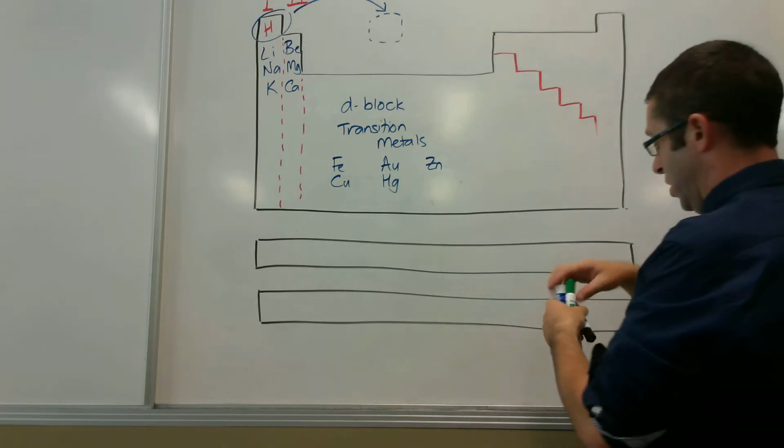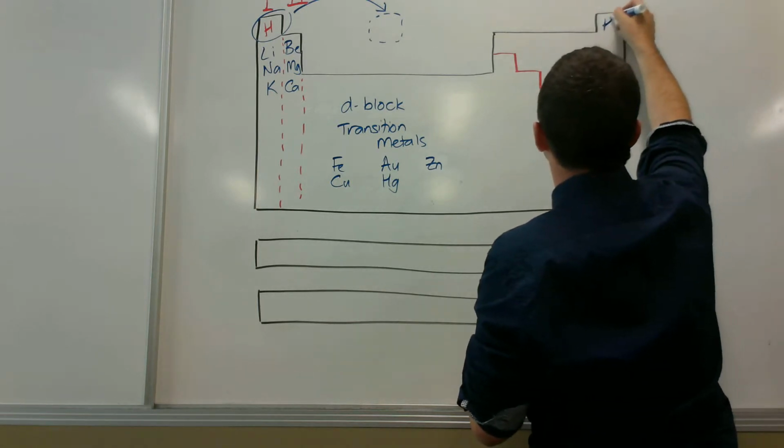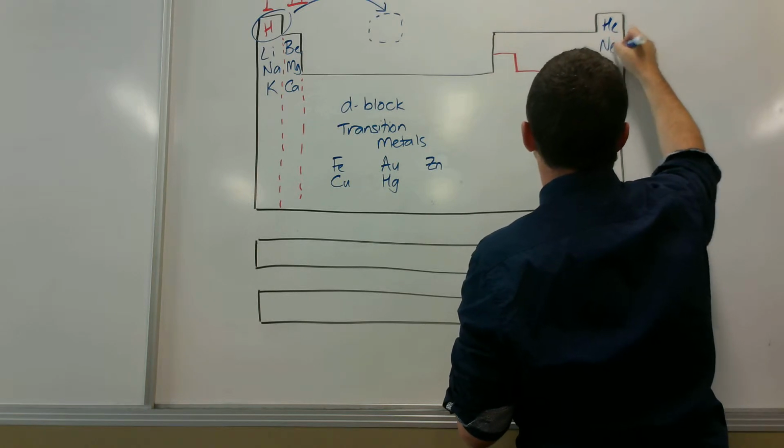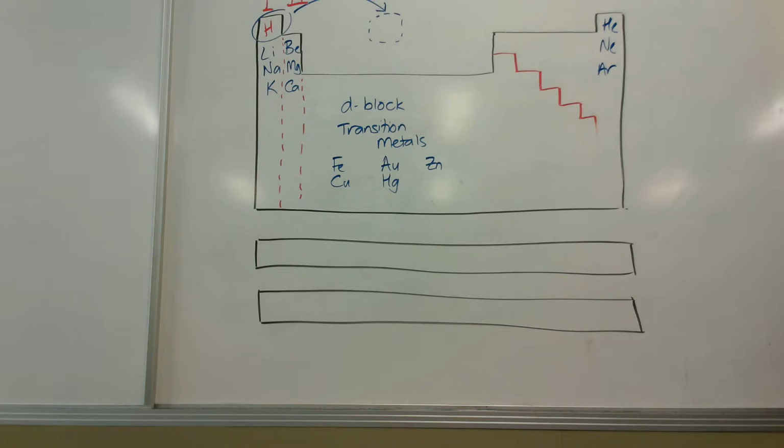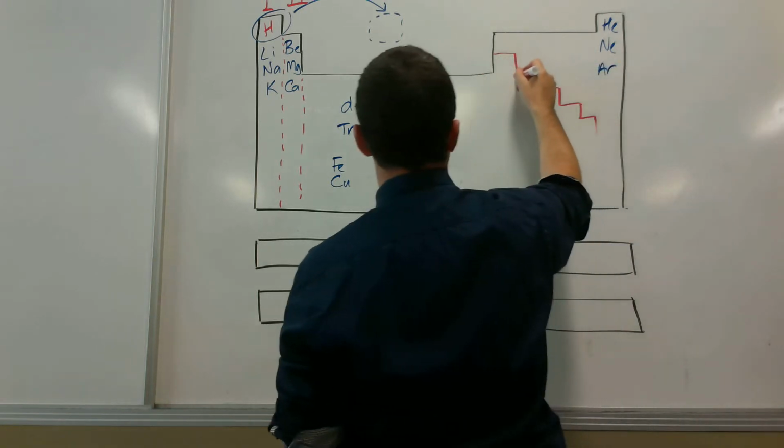Okay, so that's your helium, your neon, and your argon, the main ones for this year. Krypton becomes important next year. And we should know these. I'm not going to fill them all in. But what's really interesting is that you can keep making some predictions.